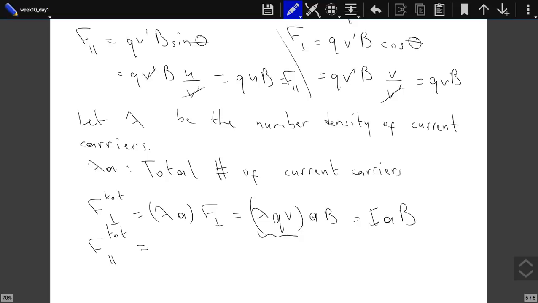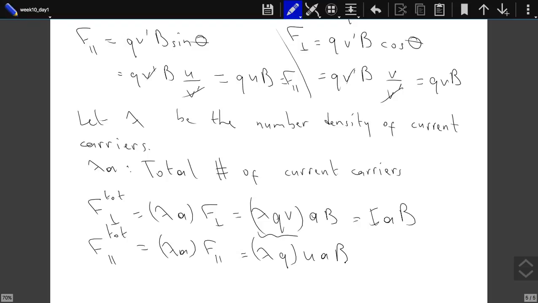Now the parallel component of the total force is, again, lambda A, the total number of charge carriers, times F parallel, which will be lambda times Q times UB. This is the horizontal component of the magnetic force. If my charges are to move along the wire, the battery should be pushing them with this force.